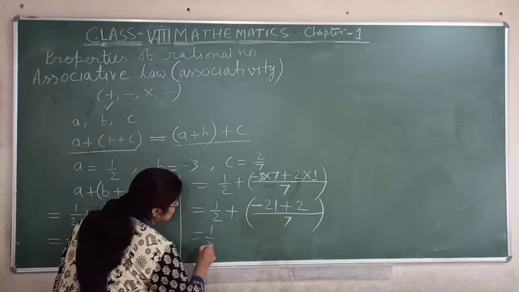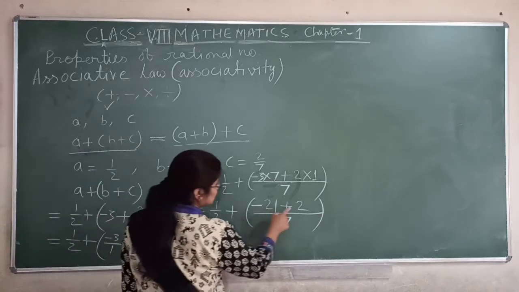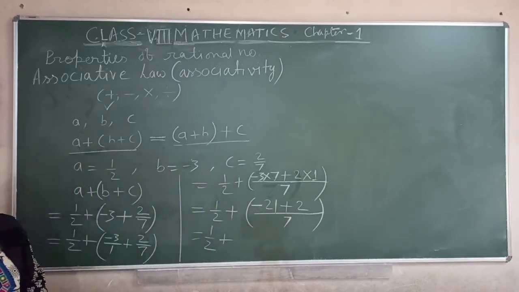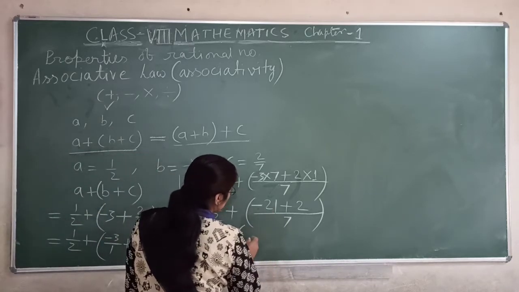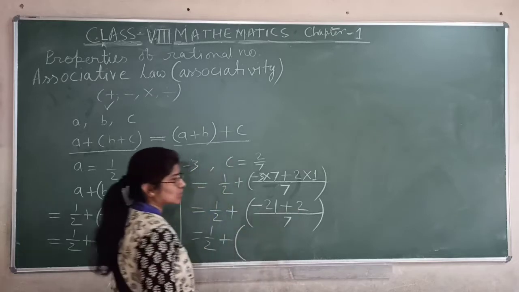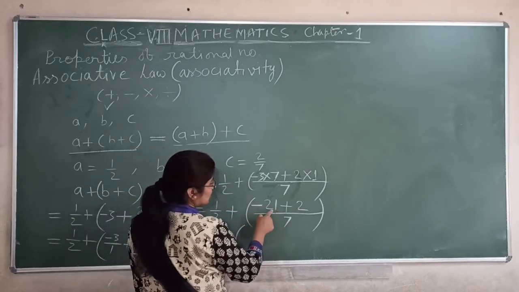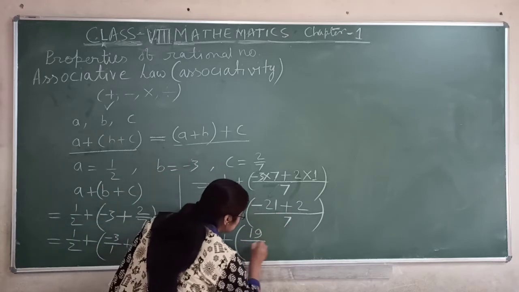Then half as it is, plus. Now look, one is positive, one is negative. If you have different signs, you subtract these two. 21 minus 2 is 19, so 19 upon 7.